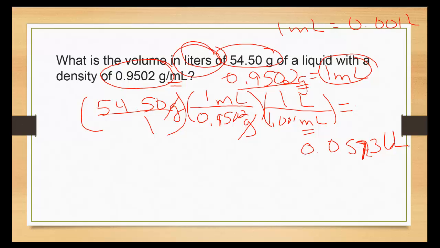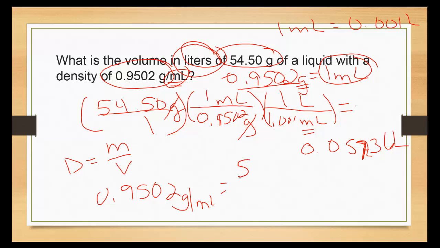Once again, notice that the density was in milliliters, but the volume that they asked for was in liters. I could have put this in the equation instead by going density is equal to mass over volume. So 0.9502 grams per milliliter is equal to 54.50 grams over X. Solve for X, and that comes out to be 57.356 milliliters because of the milliliters here.